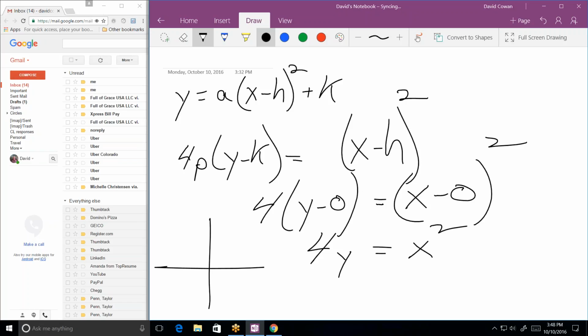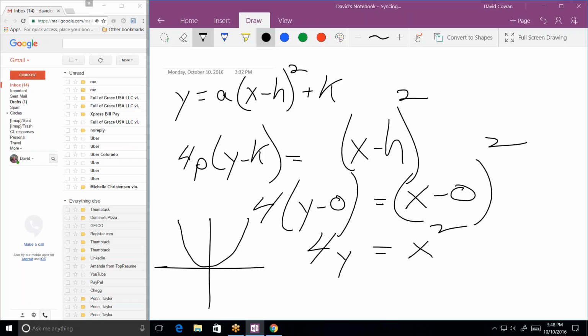Okay. Well, first of all, if I wanted to, I could write this as y equals 1/4 x squared, right? Well, that means its vertex is still at the origin. But more importantly, what is P in this case?